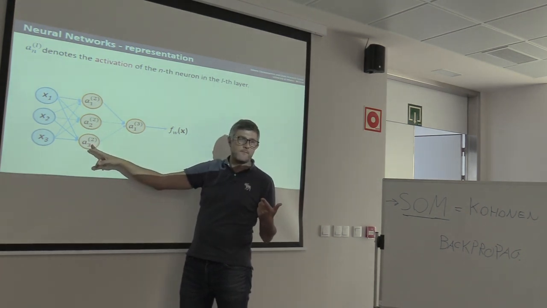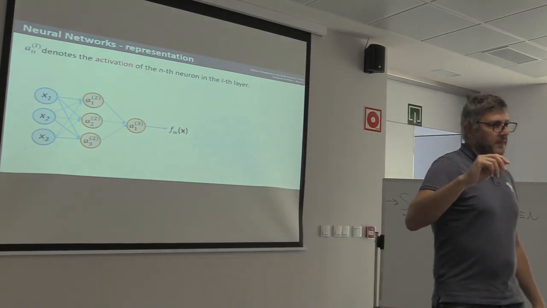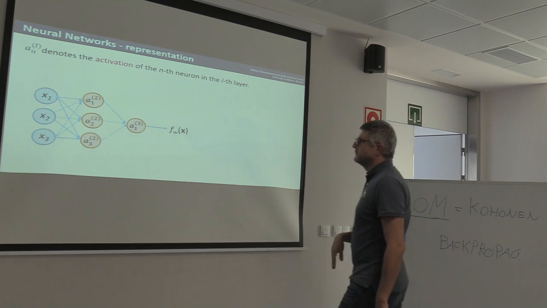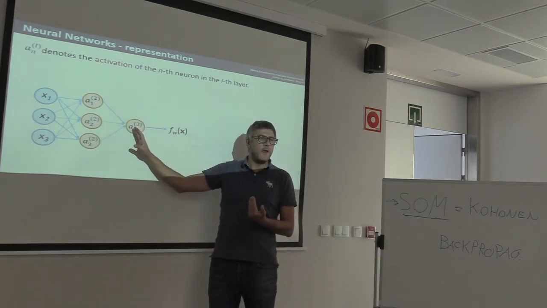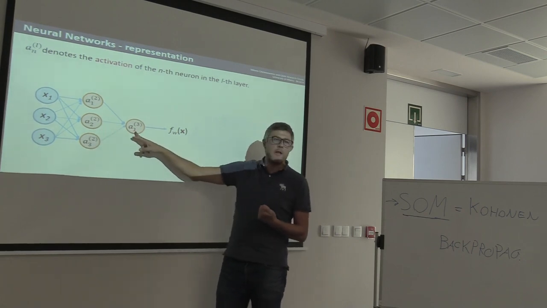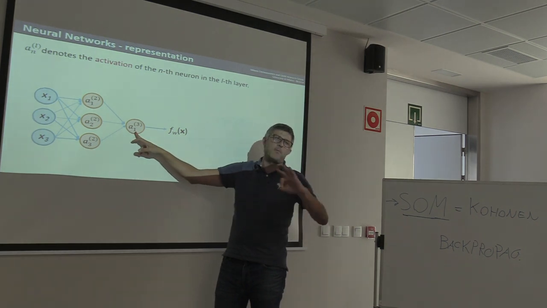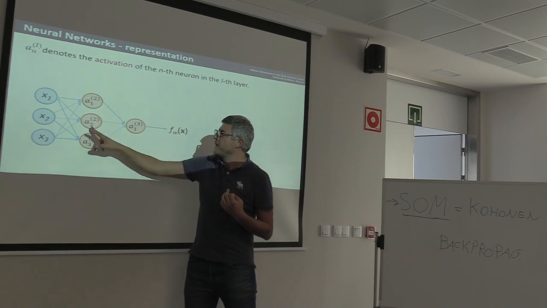The same here, but then here we have another layer. In our case, it's the output layer. And so look, here we have another activation function. Okay, if you understand this step, then you understand neural networks. Here we have another activation function, which is a function of these 3 inputs.